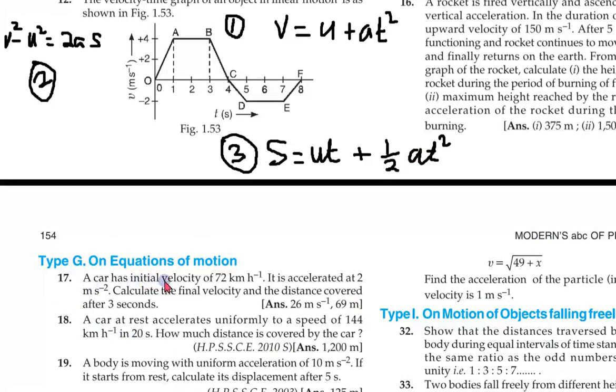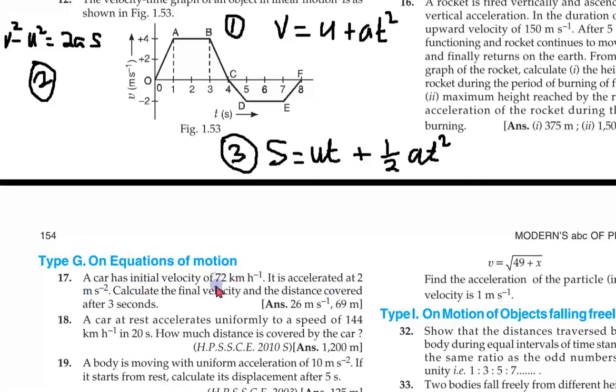A car has initial velocity, that means U will be 72 km/h. It is accelerated at 2 meters per second square, that is acceleration A. But here acceleration and velocity do not have the same unit. They have different units. Here it is meter and here it is kilometer.